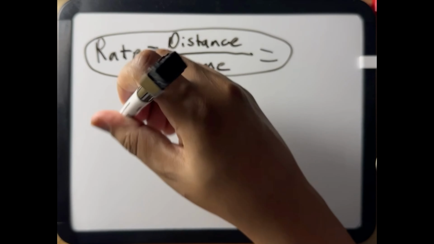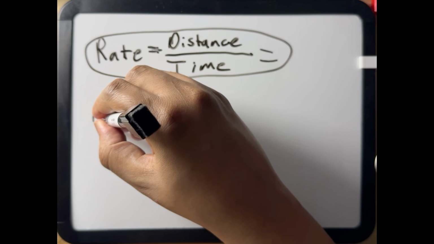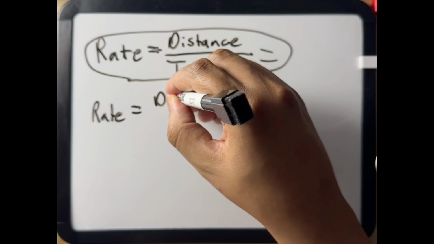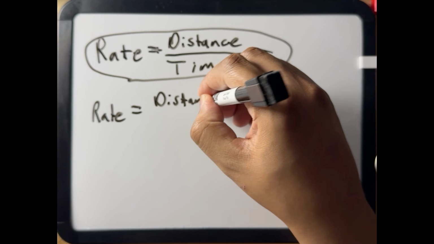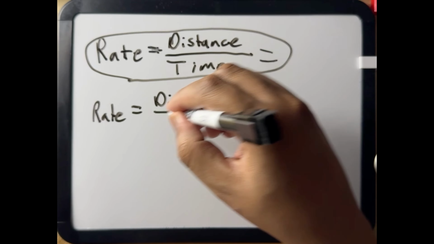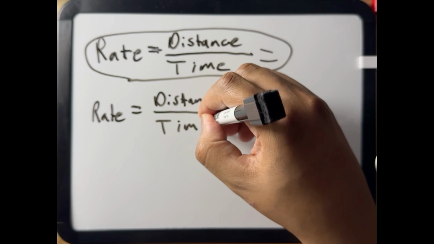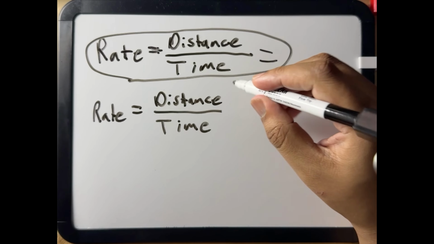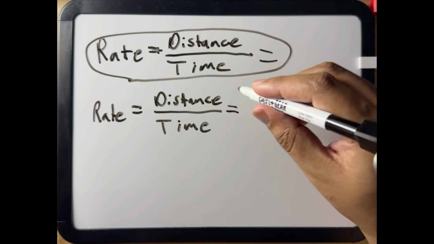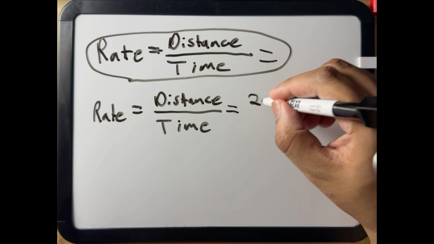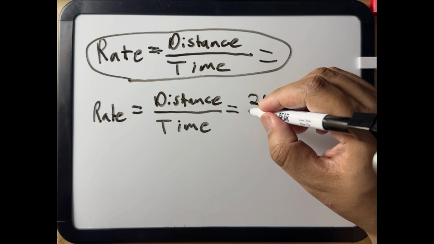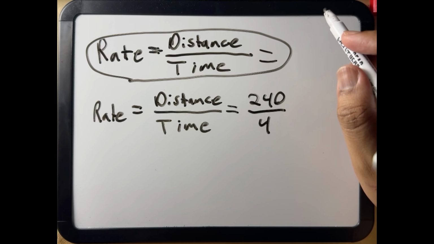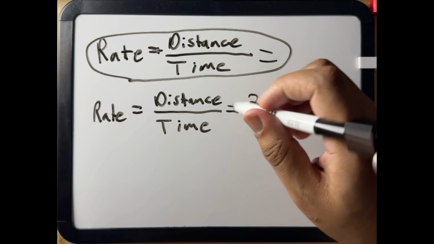Let me just write it out again. Rate equals distance over time, and we have our variables here, which should be 240 miles over a time of 4 hours.